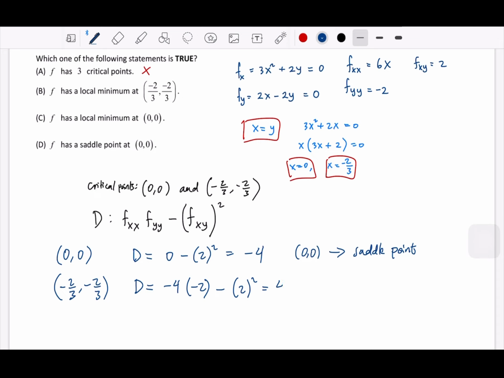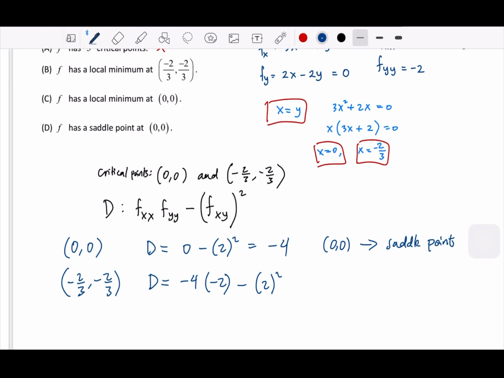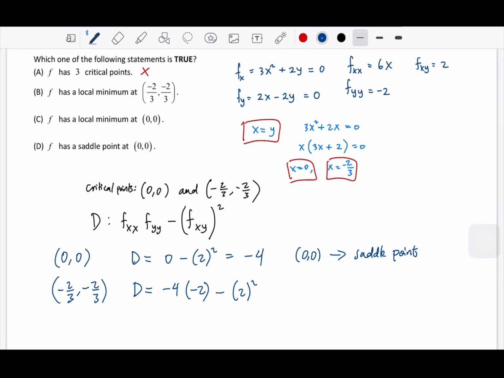Oh, sorry. Negative 4, negative 4, negative 2, 8 minus 4. Oh yeah, it's 4, it's correct.